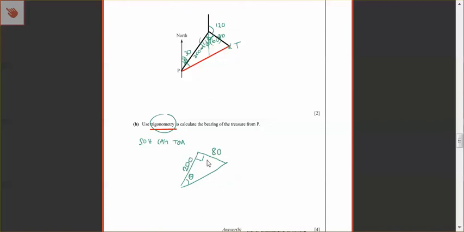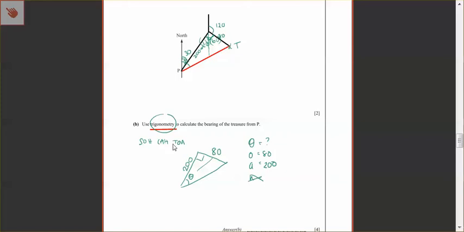So, which one am I going to use? Theta, opposite, adjacent, hypotenuse, which one's which? Theta is what I want to know. I don't care about the hypotenuse, I just want to know the angle. So, that side is the opposite, this side is the adjacent.